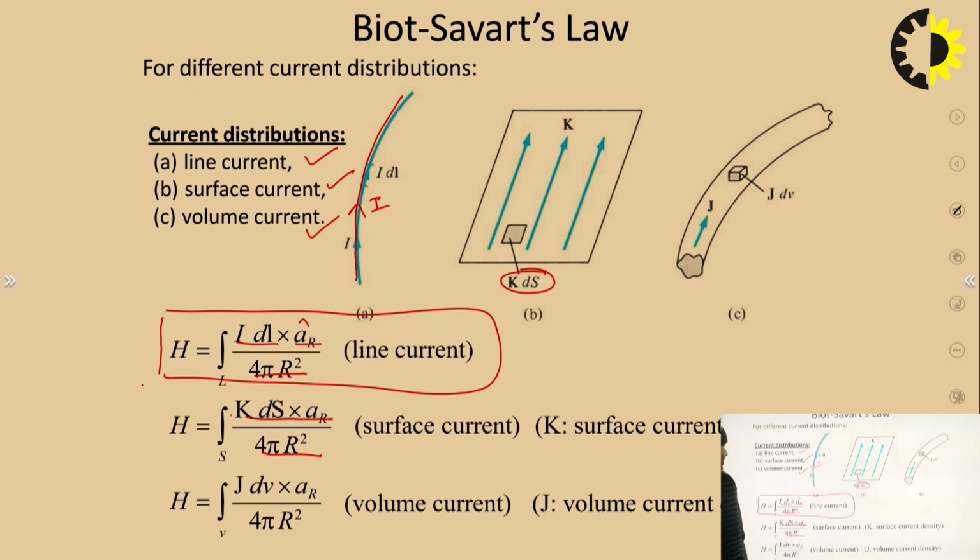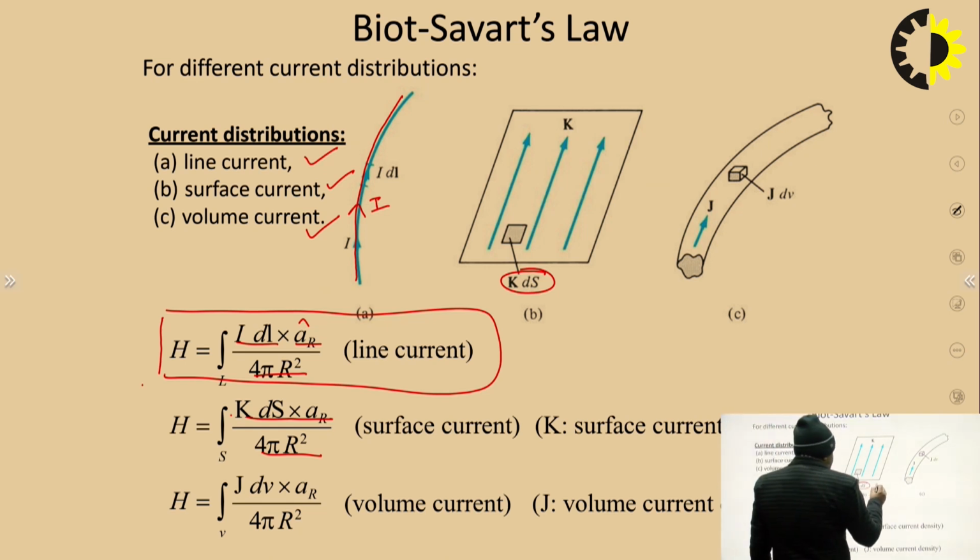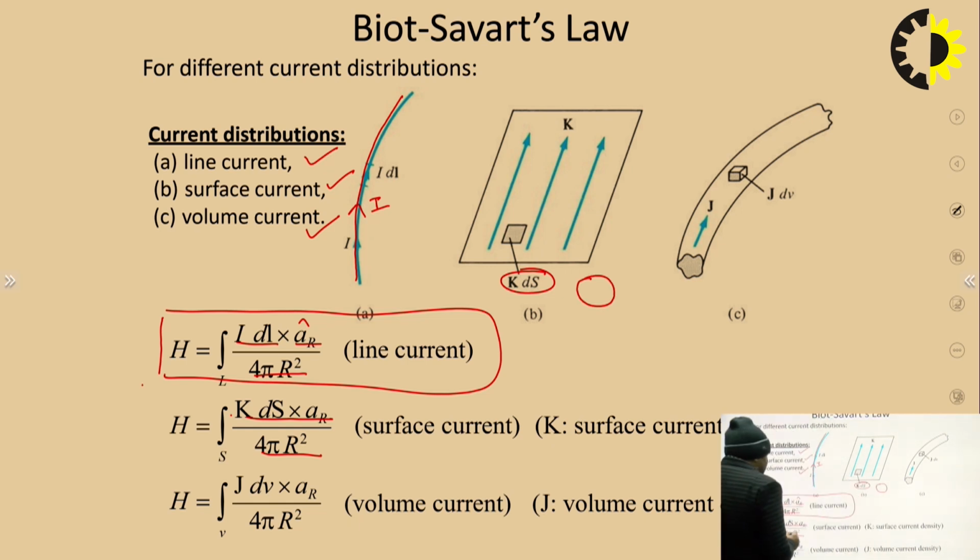So the formula is converted from I dl to K dS, where K is the surface current density, or dI by dS. If we multiply K into dS, that is dI by dS into dS, that means dI.